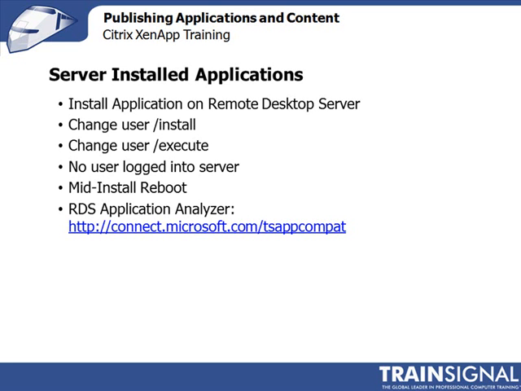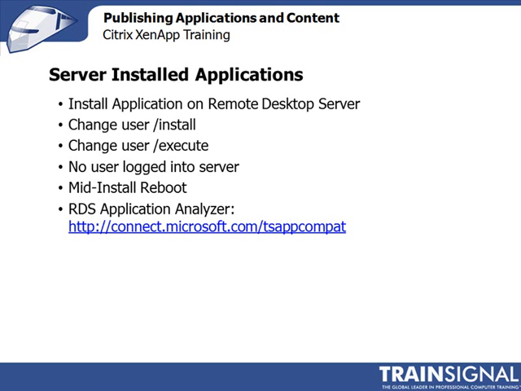Now, keep in mind, we've been saying that RDS is a multi-user server. As a result, there is a specific installation process that you have to follow in order to tell the server that I'm about to install an application onto you. Be prepared to take advantage of this application and use all the hooks that you have as part of the operating system to make this application multi-user friendly.